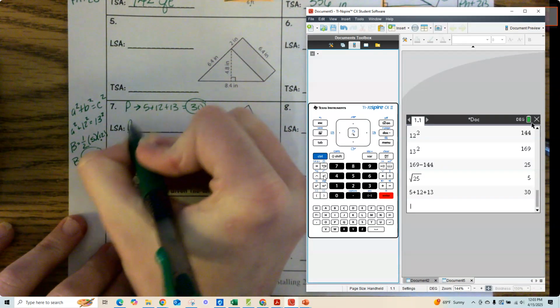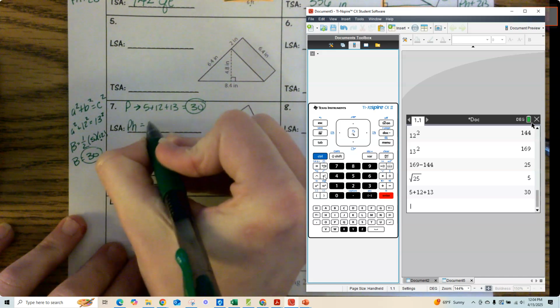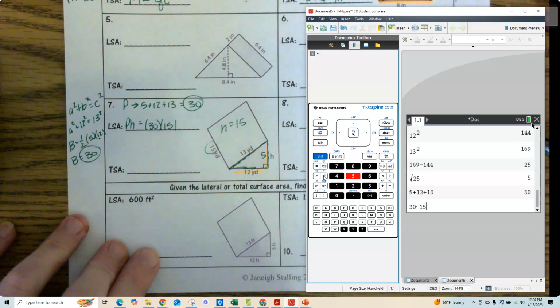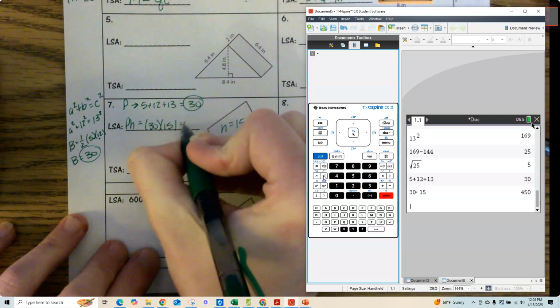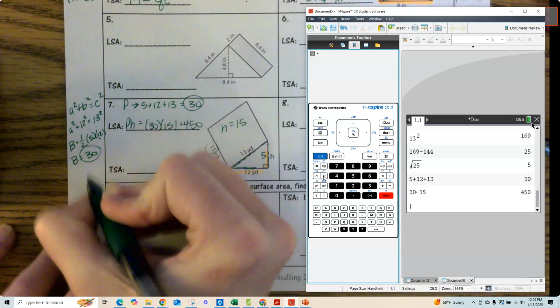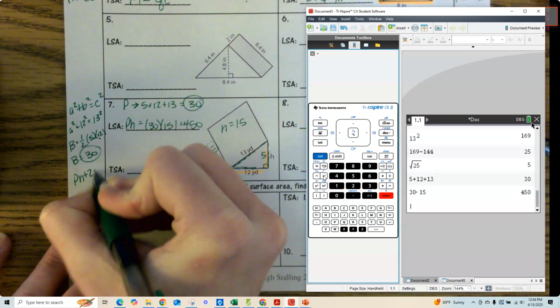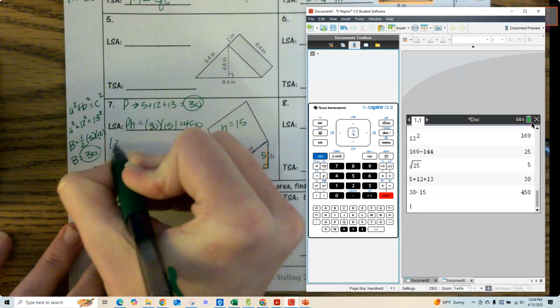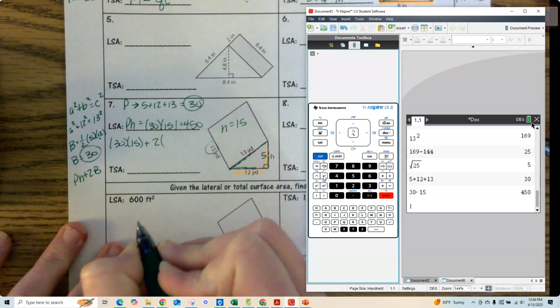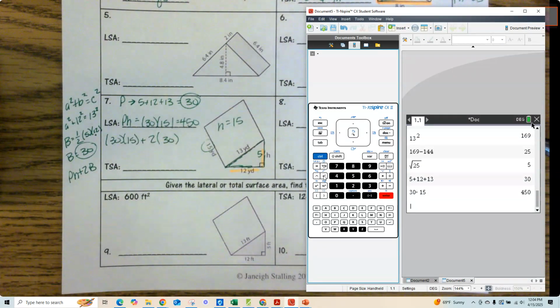All right, lateral surface area, perimeter times height. 30 times 15 gives me 450. Total surface area, perimeter times height, plus 2 times big B. So 30 times 15 plus 2 times big B, which is 30.